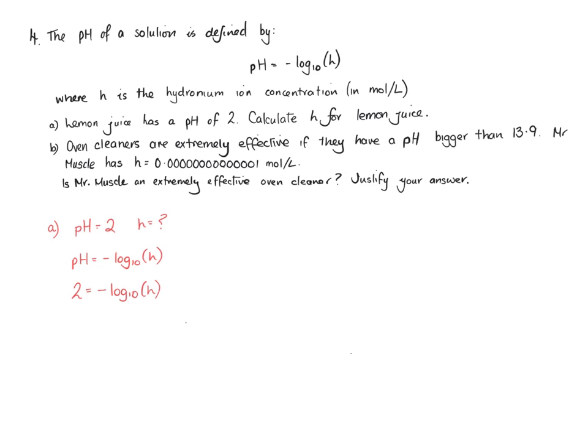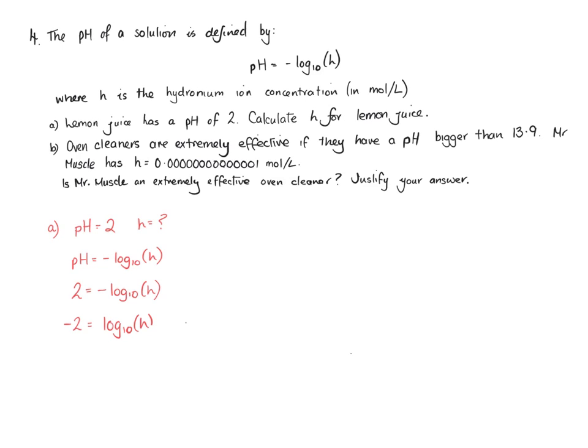So you can think of it as you're multiplying both sides by negative 1. So then negative 1 times 2 is negative 2. Negative 1 times negative log is just log on its own, so you get negative 2 equals log to the base 10 of H.